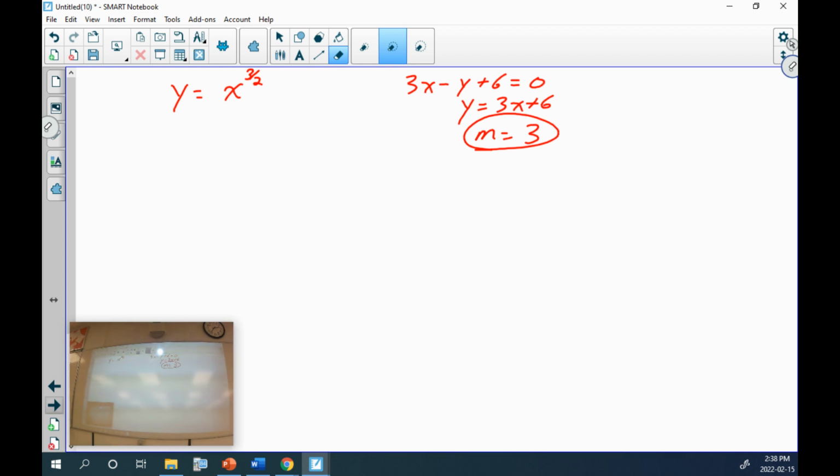We want to know the point at which a line tangent to this function has the slope of 3. We have to find something that gives me the slope. So again, that's the derivative. dy/dx is equal to 3 halves x to the power of 1/2.